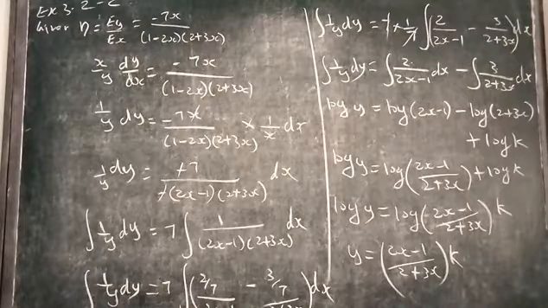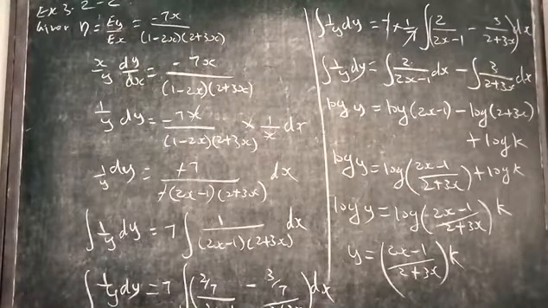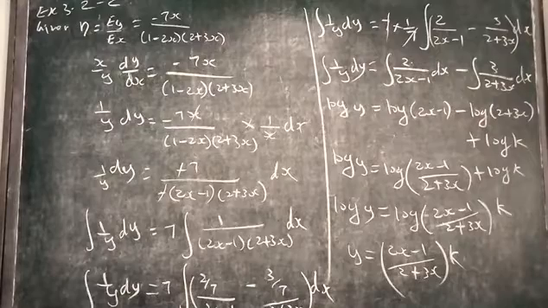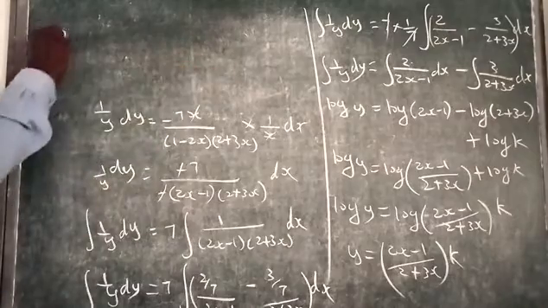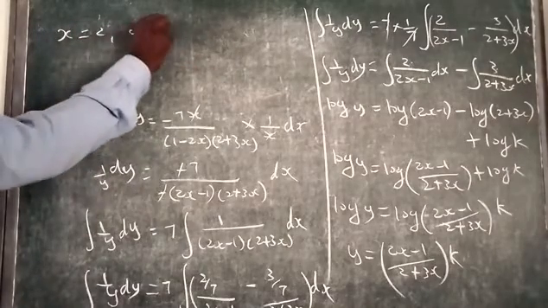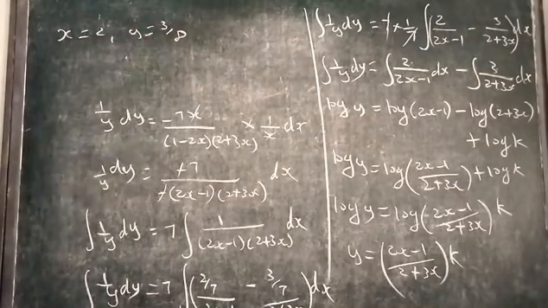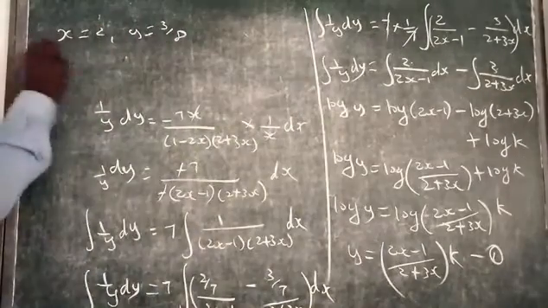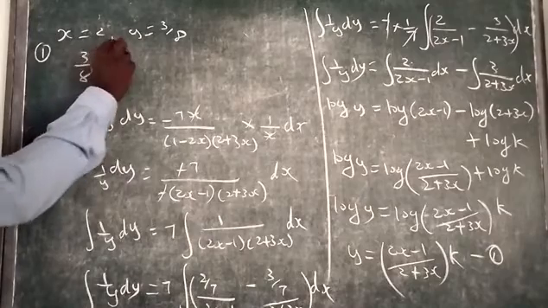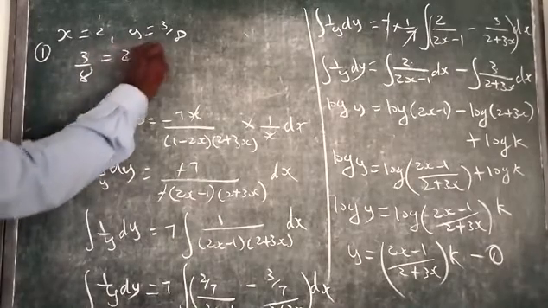Now you have to find the k value. In the question they asked to find the function at x equal to 2, y equal to 3 by 8. Now substitute the values in this equation. Taking equation 1, instead of y substitute 3 by 8, instead of x substitute 2.